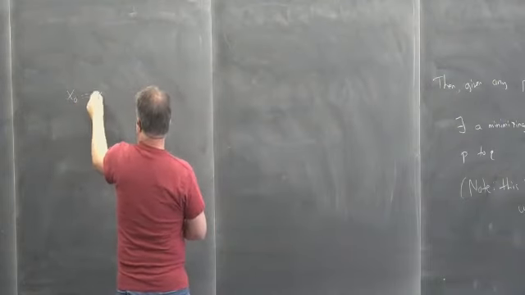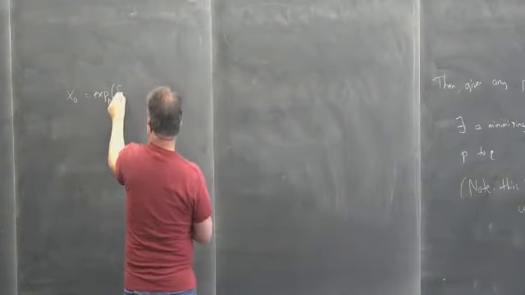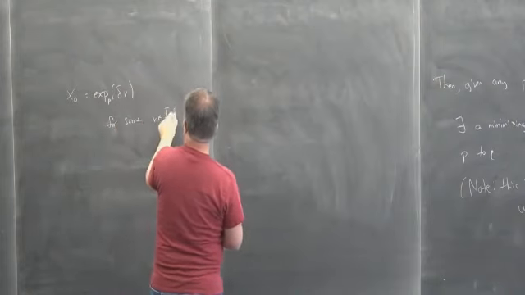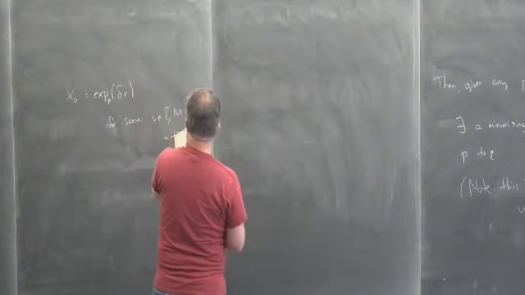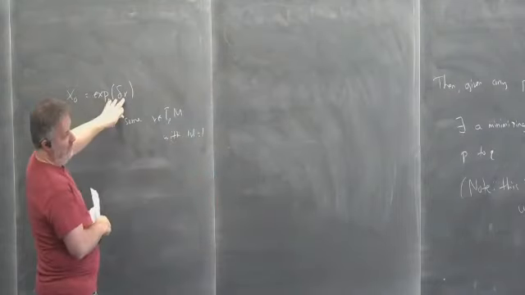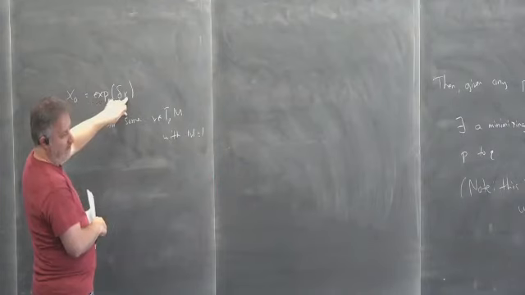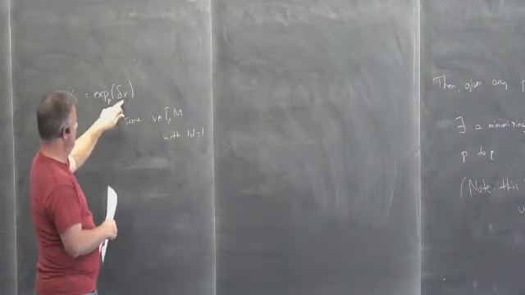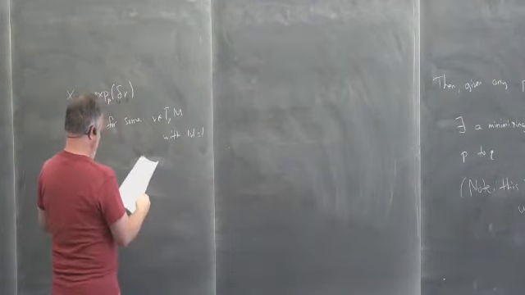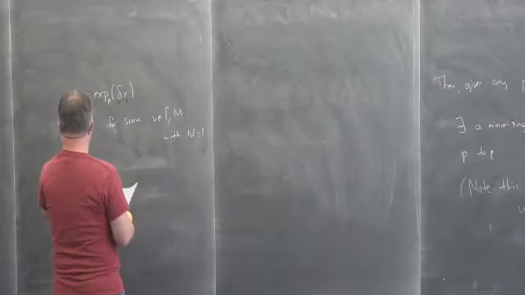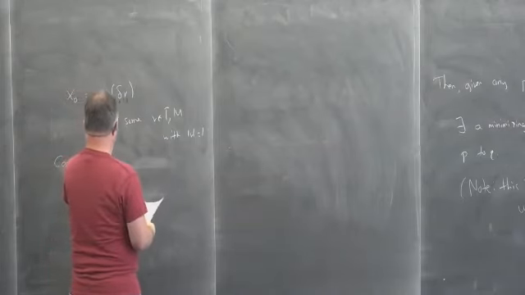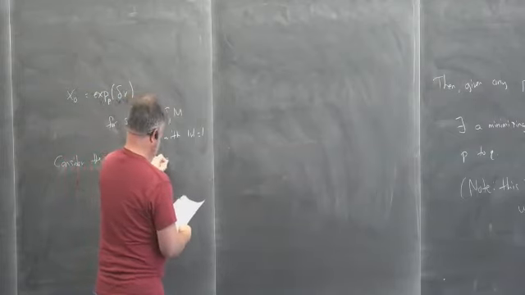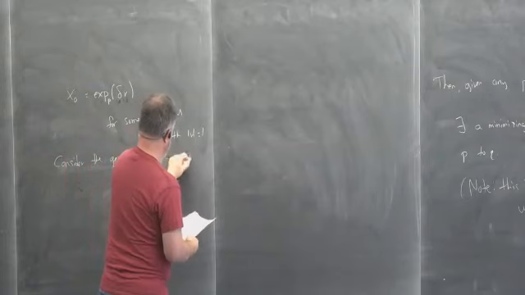X naught is on the geodesic sphere, so it's xp delta v for some v in TPM with length 1, right? Because it's the image under xp of some vector in TPM with length delta. So I can write it like this. And let's consider the geodesic gamma v of t, which is xp of tv.